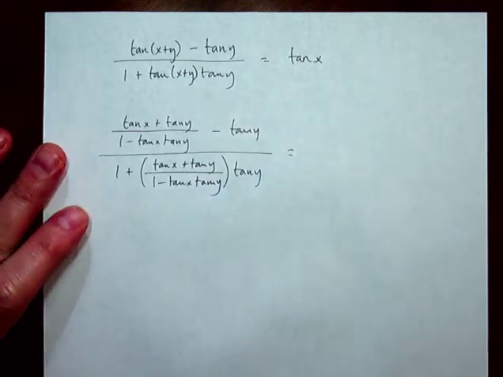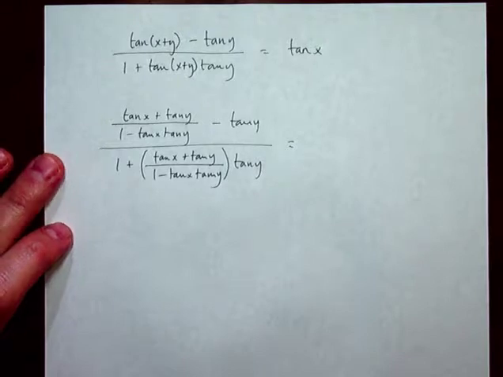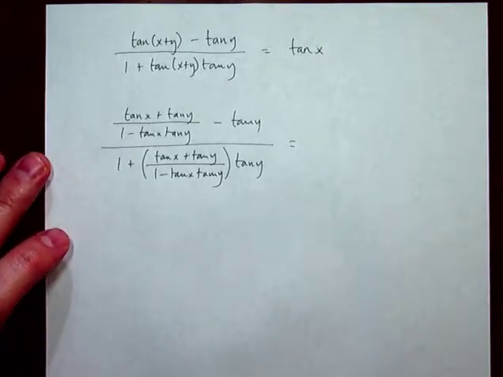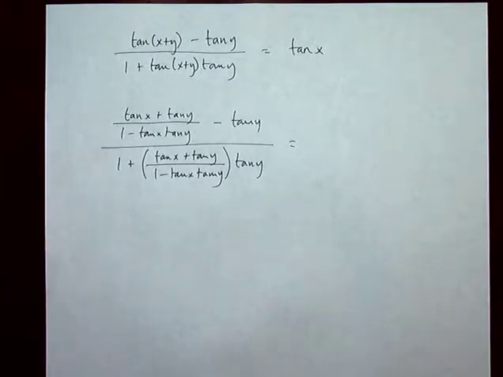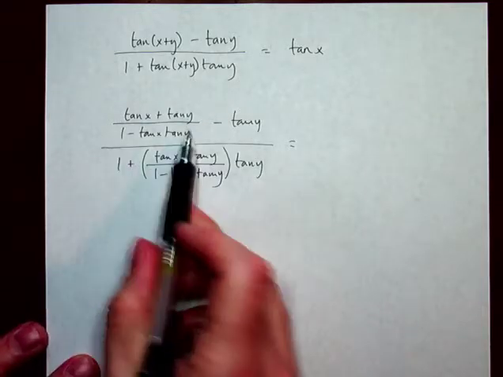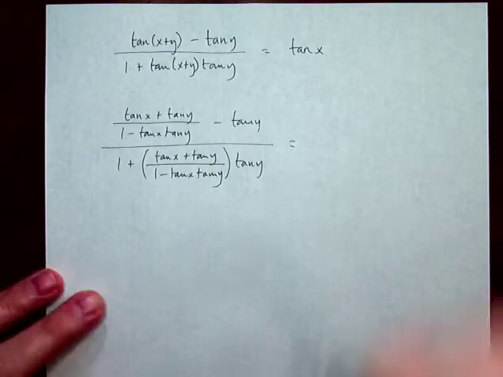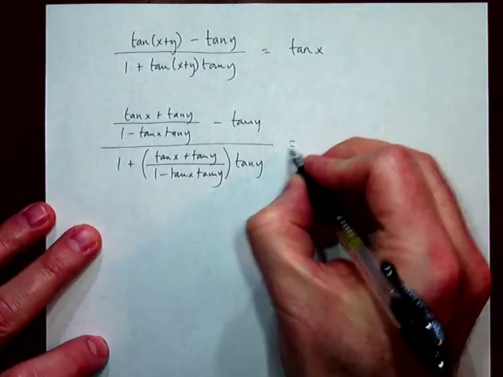Now that is a mess, and I hope nobody is going to argue with me about that. But it is a complex fraction, and so predictably I'm going to multiply through by this denominator, both the big numerator and the big denominator, in order to get rid of it.